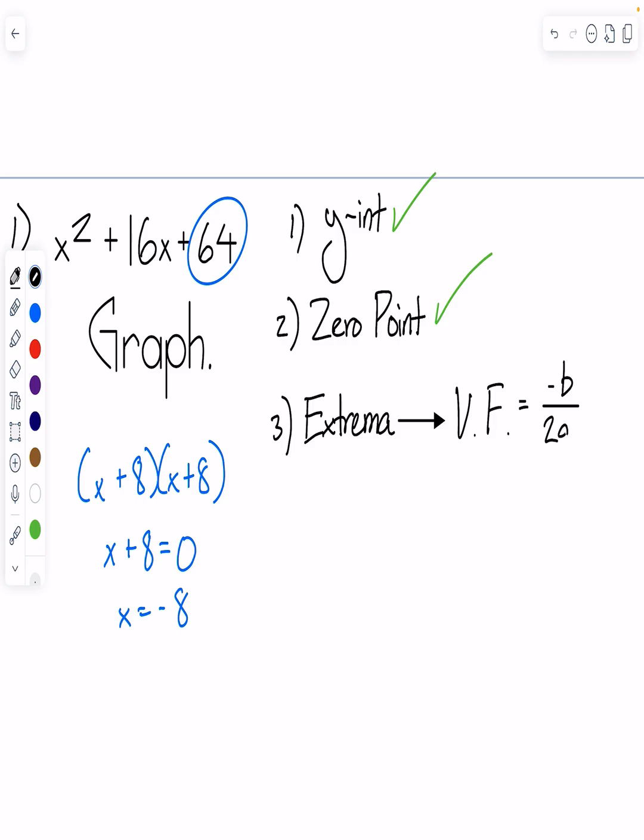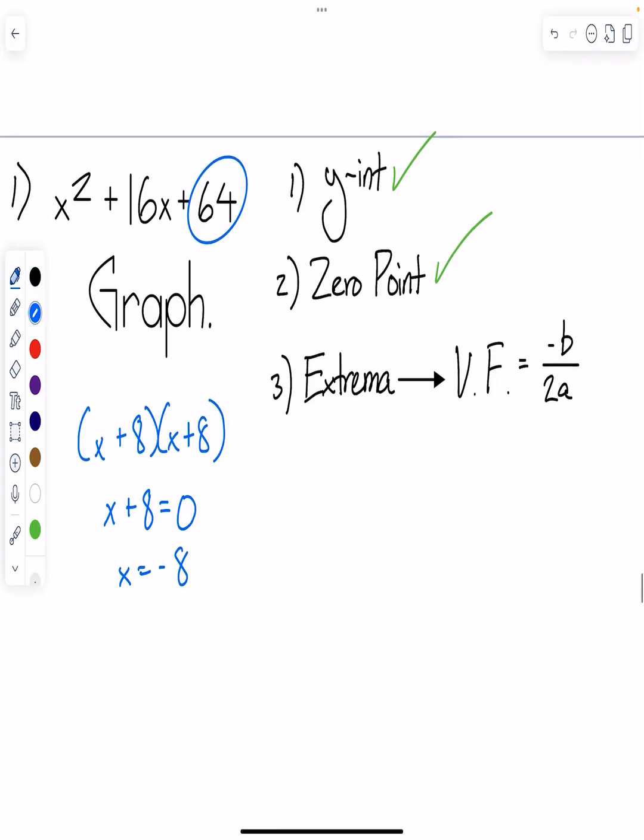You guys kind of saw this in your previous course as well, but that's what that formula is. So if I take a look here, I can plug in my b value, right? My b value in this case is 16, so negative 16 over 2 times 1, which comes out to negative 8, right?